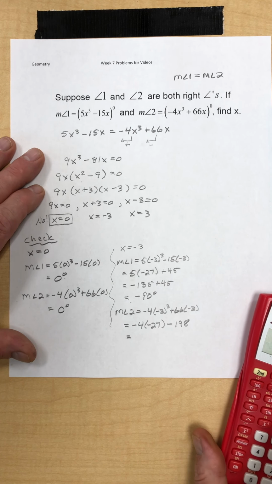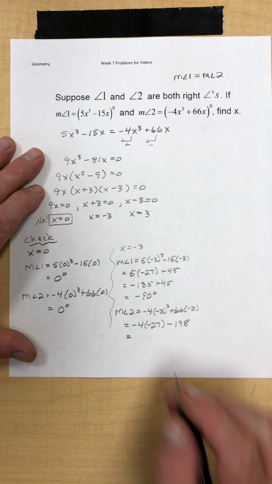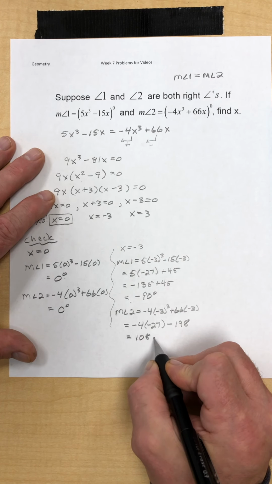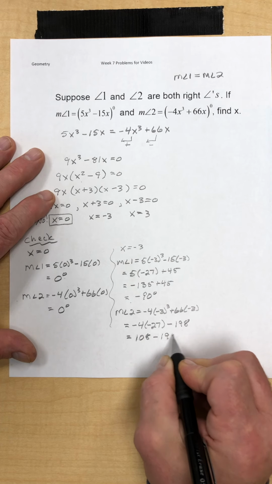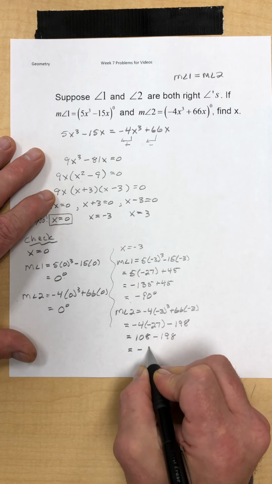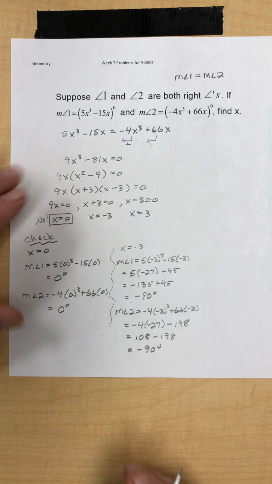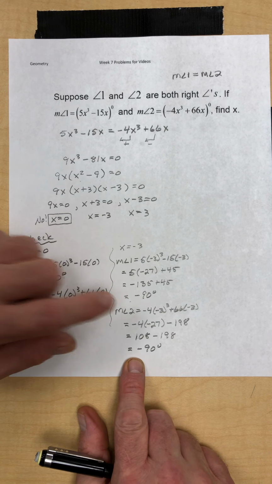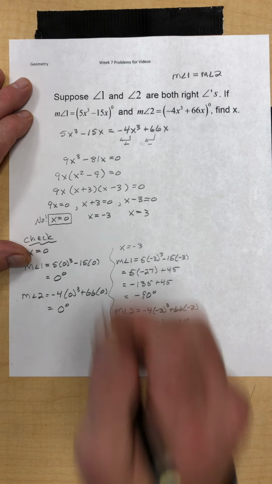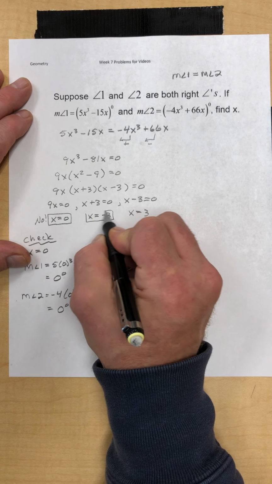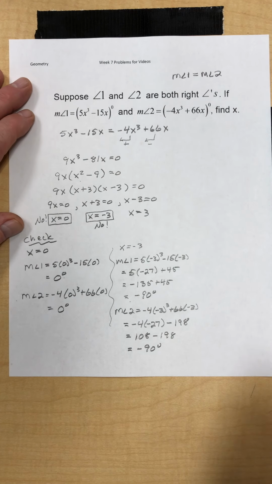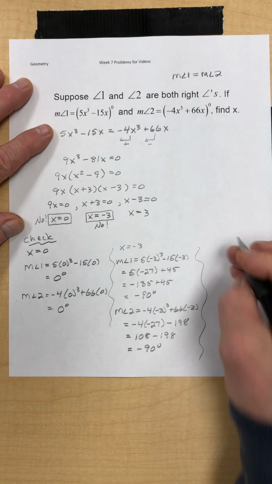So I'm going to get 4 times 27, which is 108. Remember, that's negative times a negative, so it's positive, minus 198. So that gives me a negative 90 degrees. So of course it gives us the same angle measure, but negative angles, we don't deal with them in Euclidean geometry. So this guy again is a no. So 2 of our solutions don't work. Let's see if the third guy works.